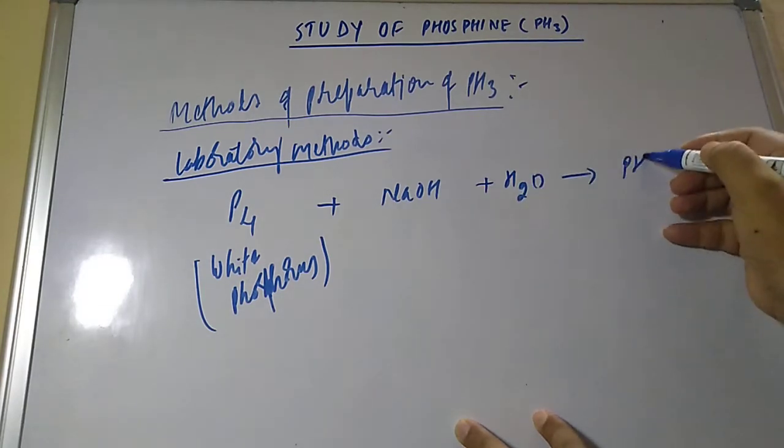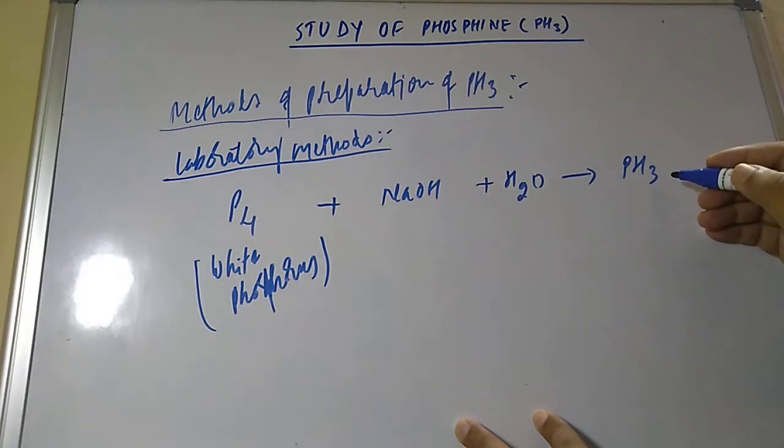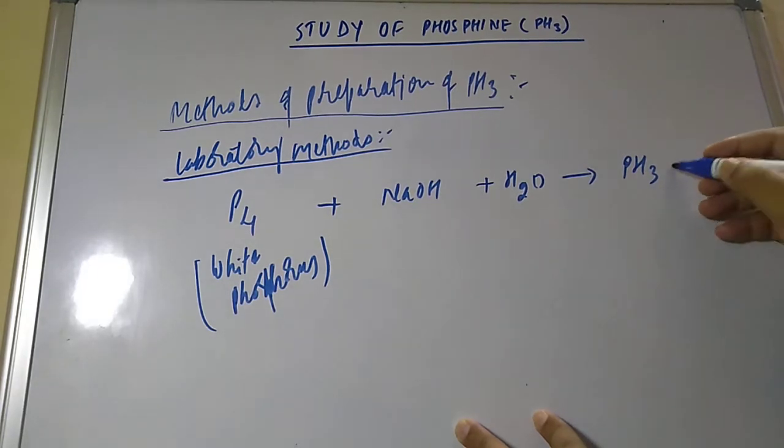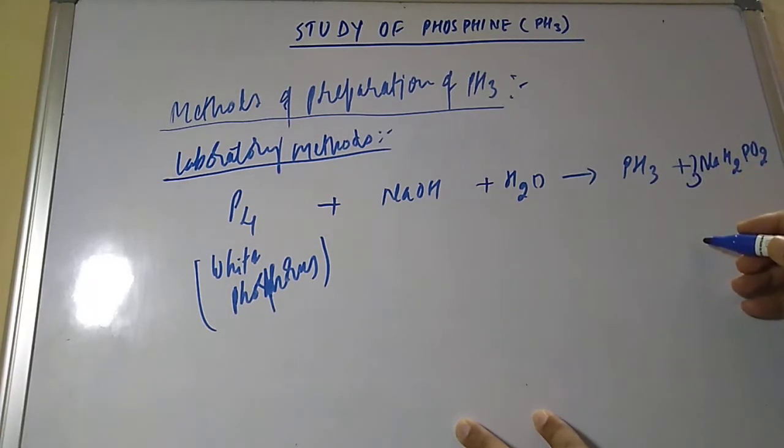It will give PH3, only a single molecule, and one side product, NaH2PO2. Here we can multiply this by 3. The name of NaH2PO2 is sodium hypophosphite.